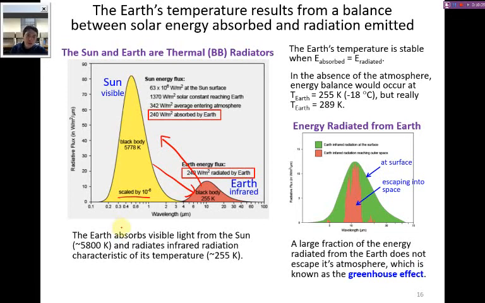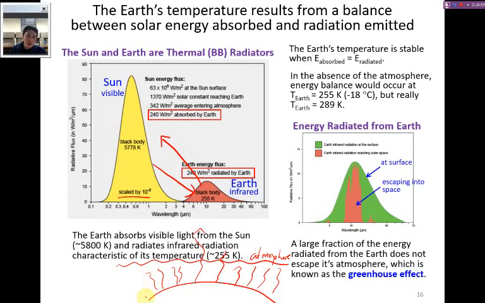So if we take a look at our Earth, let's call this the atmosphere, some energy goes through the atmosphere, but most of the energy gets trapped and bounces back. And so it's trapped. Think of it like being surrounded by a nice warm blanket.